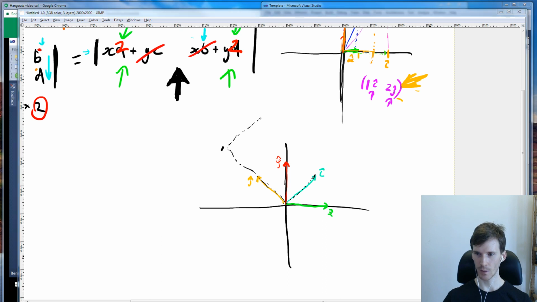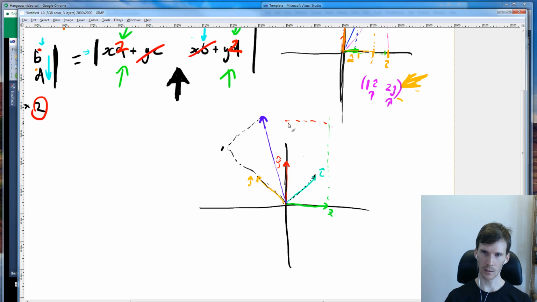So that's this vector here, whereas before we just had 1 of x and 2 of y. This was our original vector there.